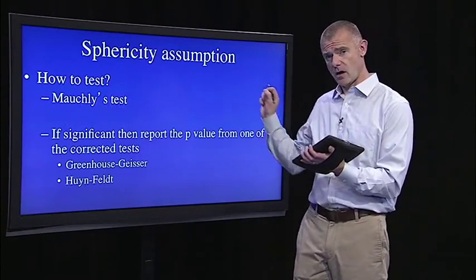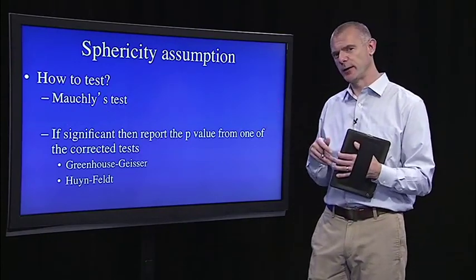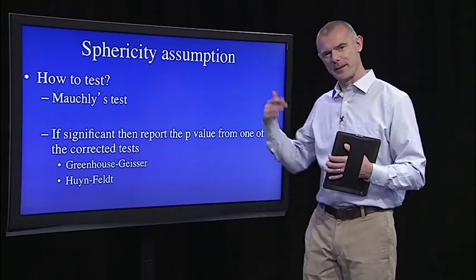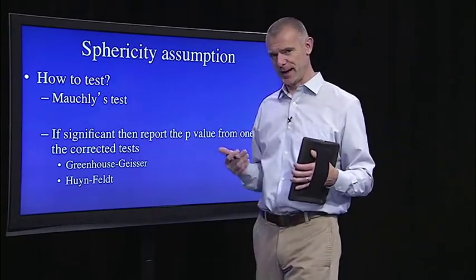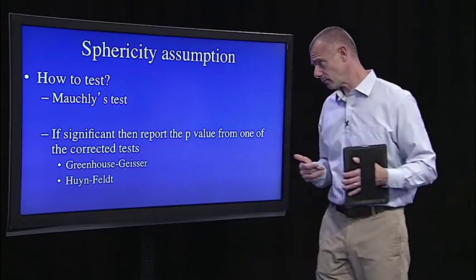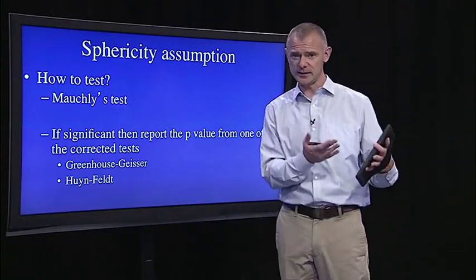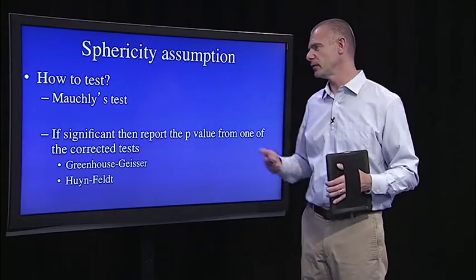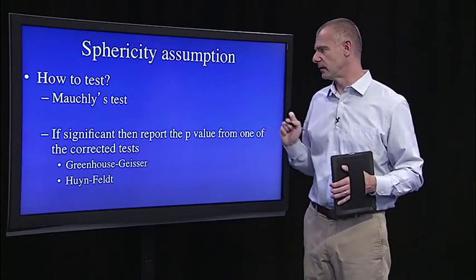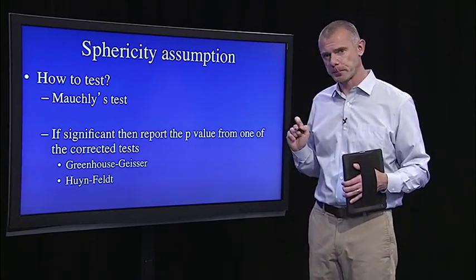The way to do that in R is to use Mauchly's test. These are all named after the statisticians who created them. Just like we did Levene's test for homogeneity of variance, we'll do Mauchly's to test the sphericity assumption.